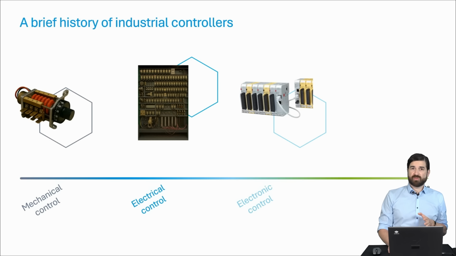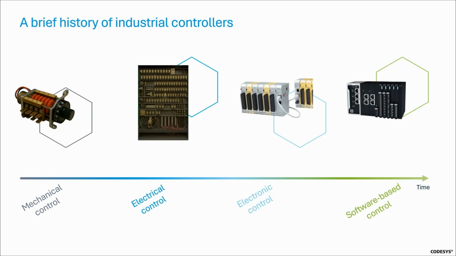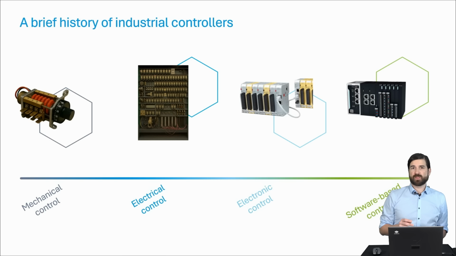Another step in the evolution was the development of the SoftPLC, or software-based PLC. These are PC-based automation systems in which the control logic runs as software on an IPC or standard PC rather than on specialized hardware.